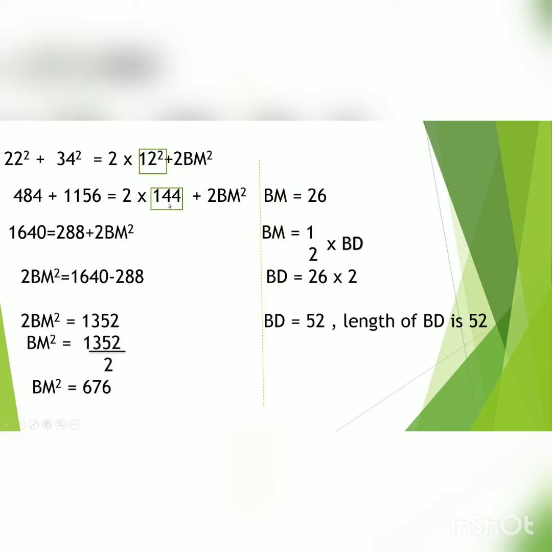So write here 144 plus 2BM square. Therefore, adding 484 plus 1156, you get 1640. 1640 is equal to multiplying 144 by 2, you get 288, plus 2BM square.